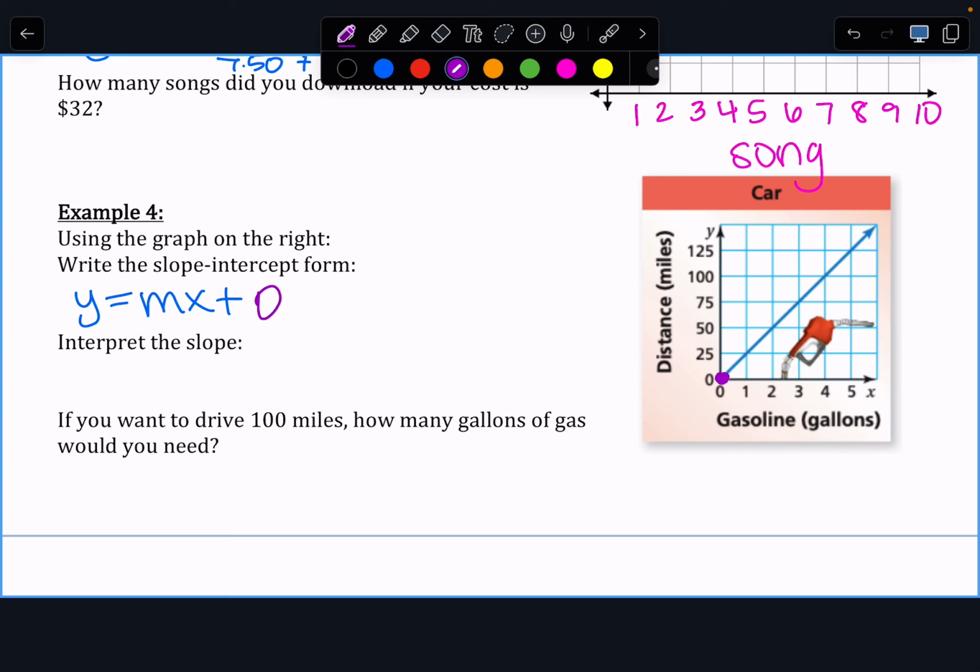Then we have to figure out our slope. Rise over run. How many do we rise? 25, and then we run how many? Oh, so our slope is 25 over 1.